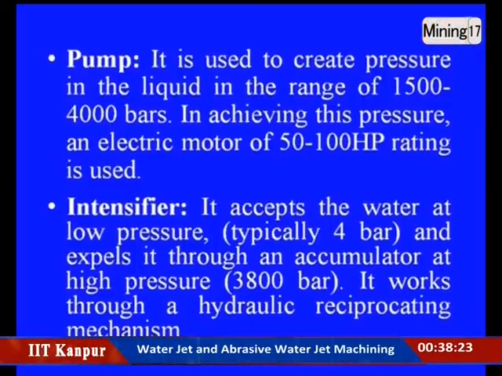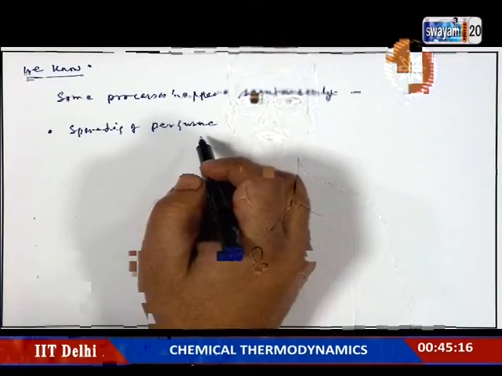It accepts the water at low pressure, typically at 4 bar, and expels it through an accumulator at high pressure, approximately 4,000 bar. It works through a hydraulic reciprocating mechanism which is responsible for intensifying the pressure of the fluid.